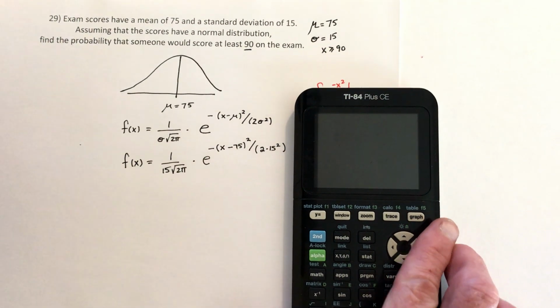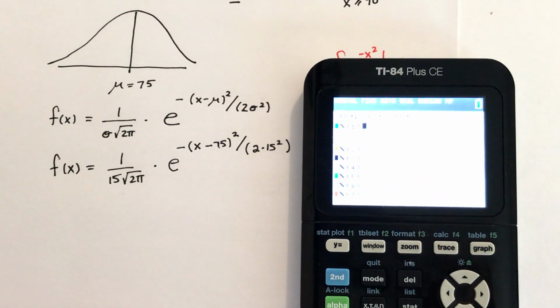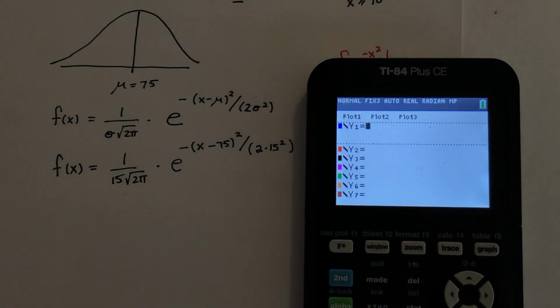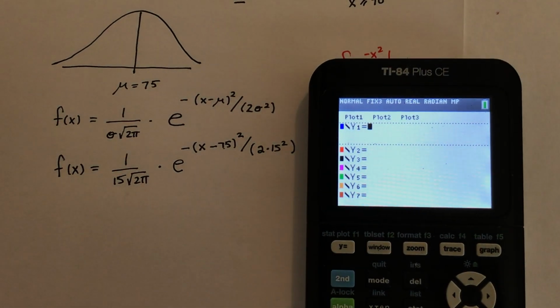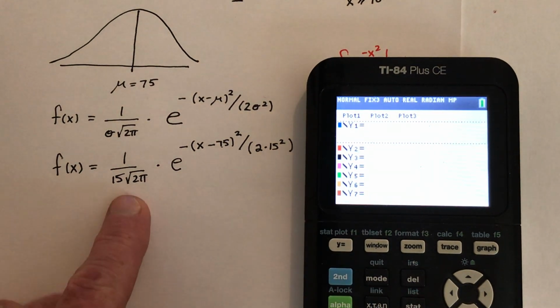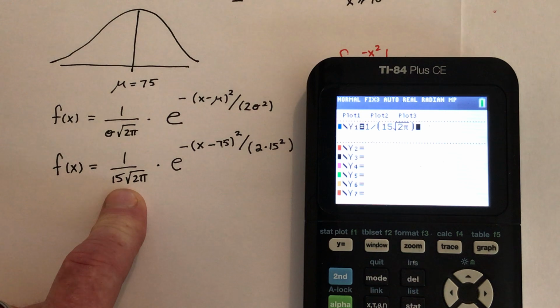So first of all, I need to type this into the calculator. Go to y equals, and so there's a 1 divided by, and then put that in parentheses, 15 and a square root of 2 pi. All right, so that's in parentheses, so that means that whole thing is in the denominator.